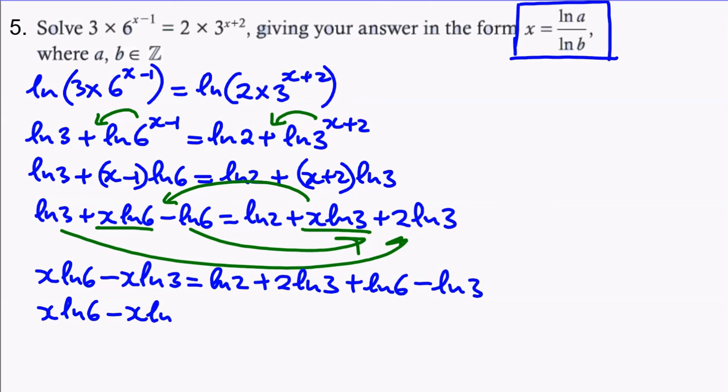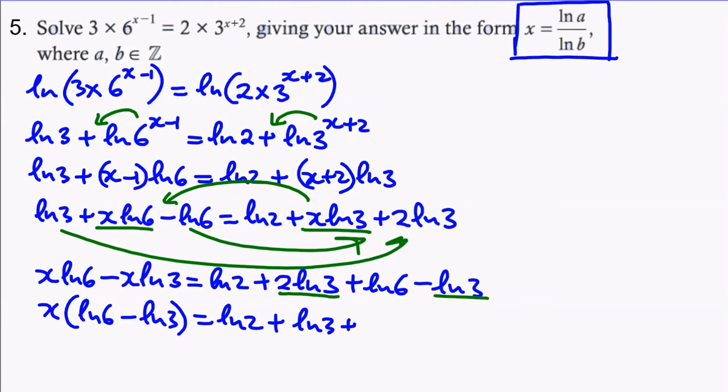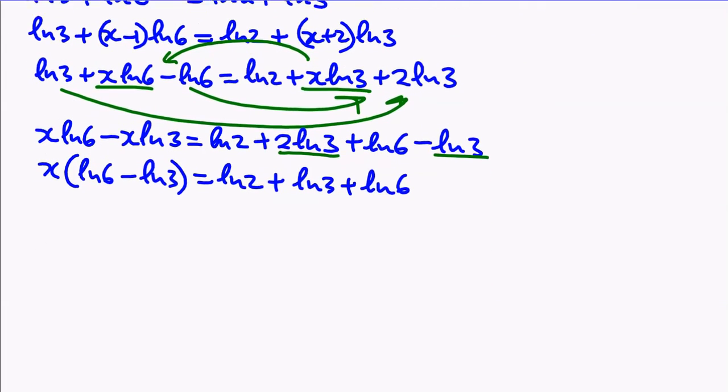In fact, I can factorize these out. We just factorize x out. x(ln 6 minus ln 3) will be equal to this, and these are like terms. We can subtract them. So I'll end up with ln 2 plus ln 3 plus ln 6.